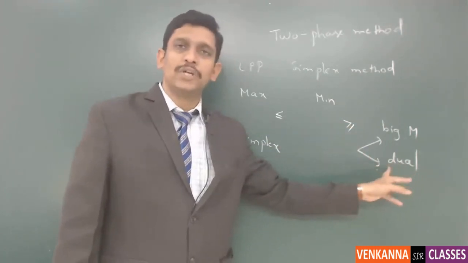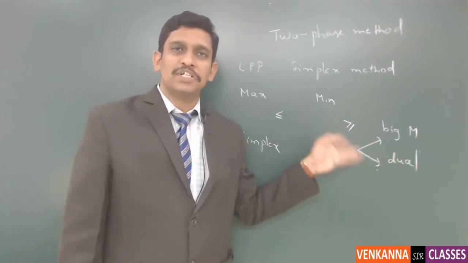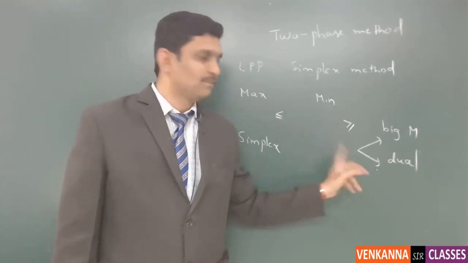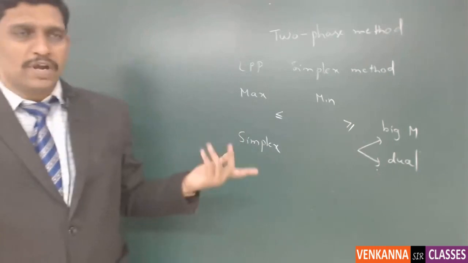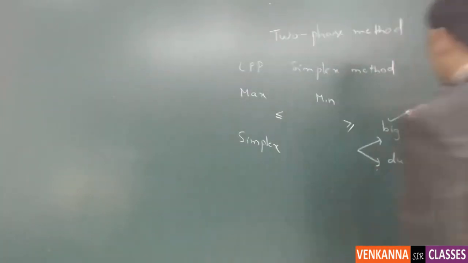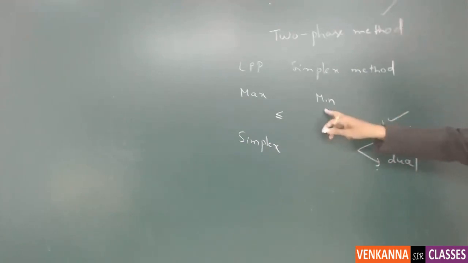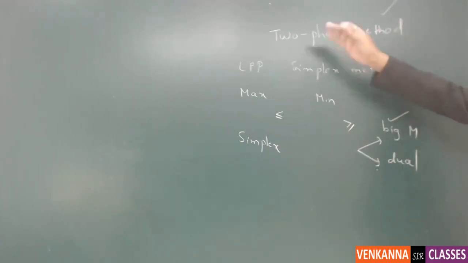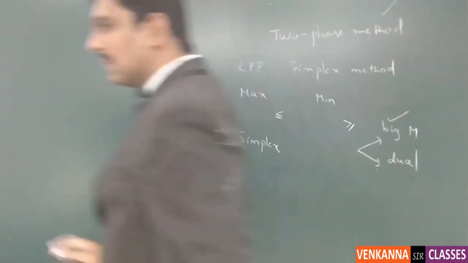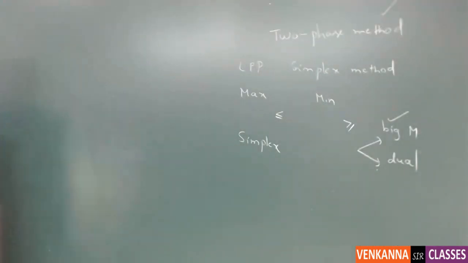So I will write the dual. It converts into maximization. I can solve it easily. Right? So if I am more interested to apply the big M method, two-phase is convenient because for minimization problems, the computation process will be easy for the two-phase method. That is the strategy I am going to apply. Clear to everyone?